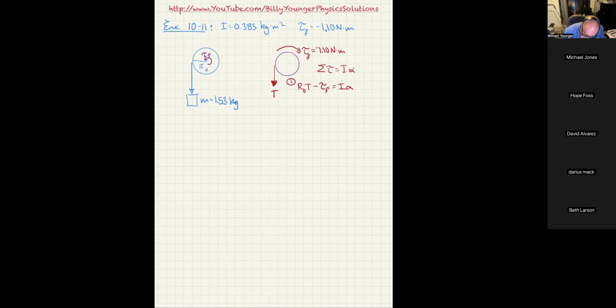Now I'm going to draw a free body diagram. I should point this out: this is the free body diagram for the pulley. Now I'm going to draw a free body diagram for the hanging mass.